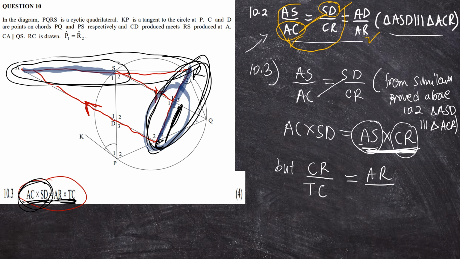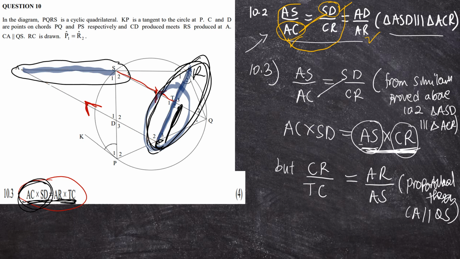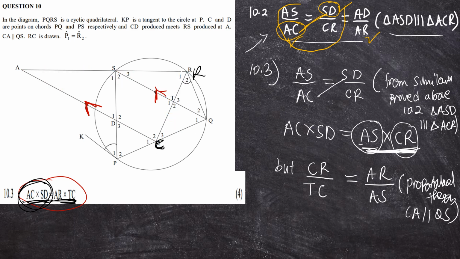Okay, over AS, proportionality theorem. So you can just say proportionality theorem, and also because why? Because we were given that CA is parallel to QS. We are saying the proportionality theorem can apply because the two sides are parallel there. Okay, let me just delete so that you can also see that.